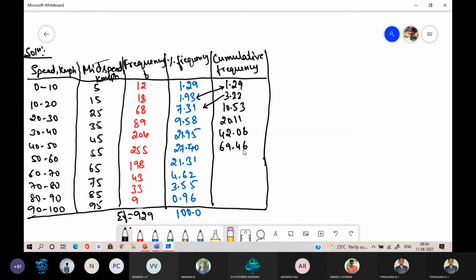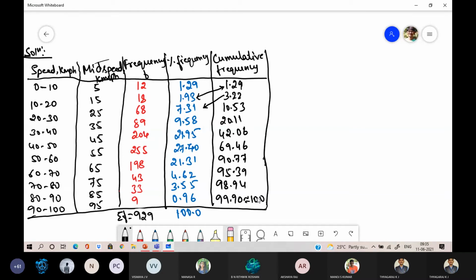Plus 21.31: 90.77. Plus 4.62: 95.39. Plus 3.55: 98.94. Plus 0.96, you will get 99.90, which is approximately 100.